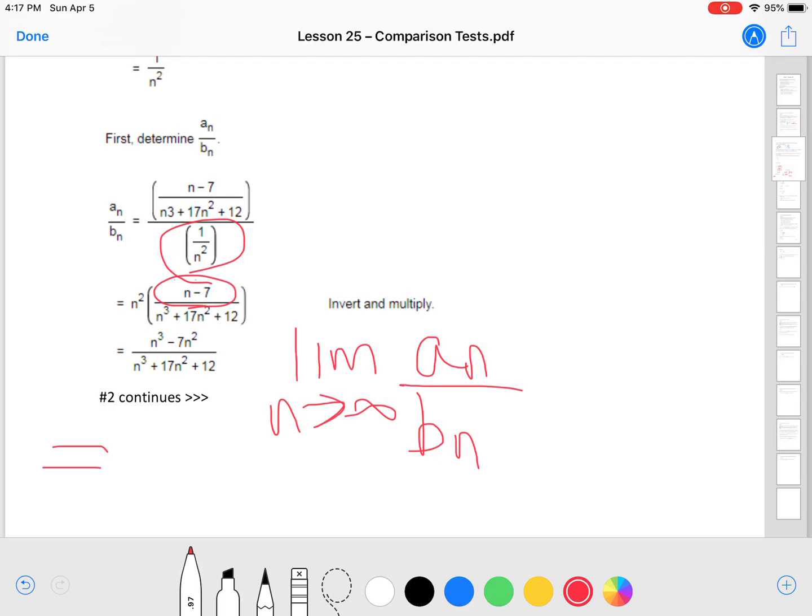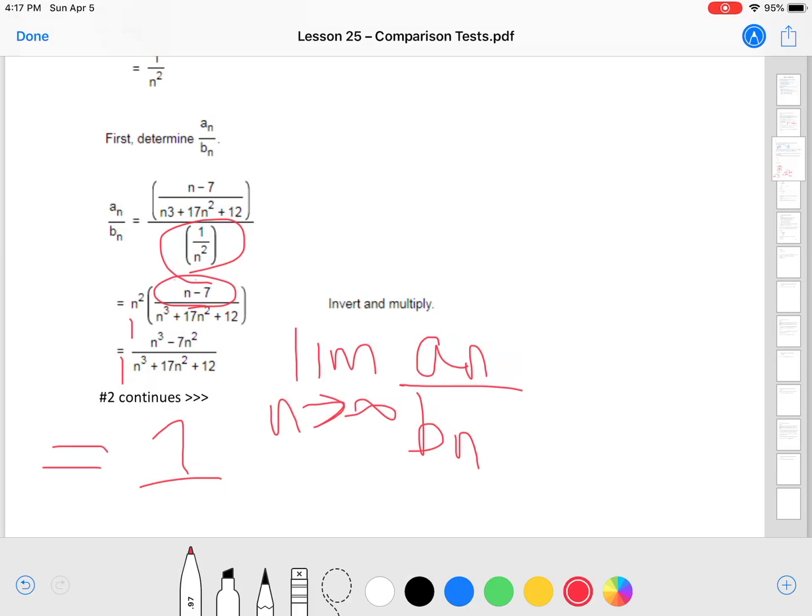Remember, if you're taking the limit as n approaches infinity and your numerator and your denominator's exponents are the same, then just take the ratio of the two coefficients in front, and that's an easy way to get the value of your limit. So our limit is equal to 1.